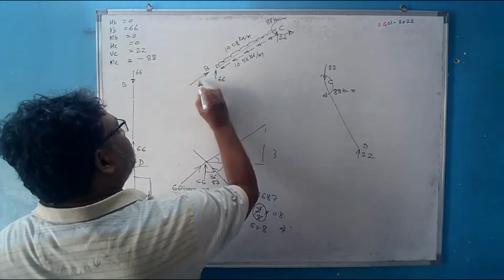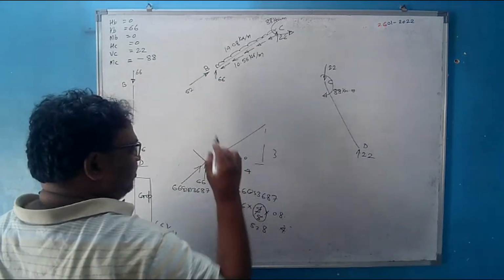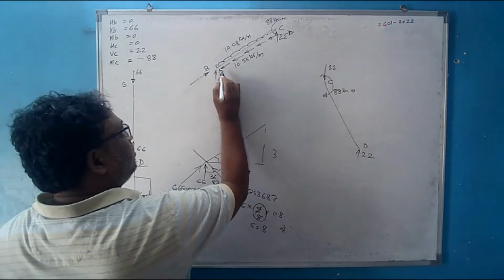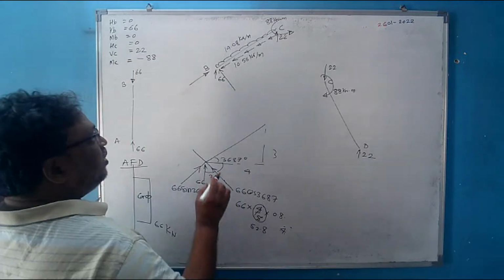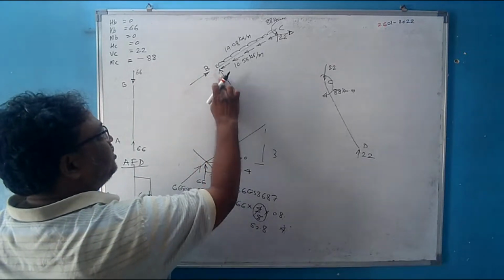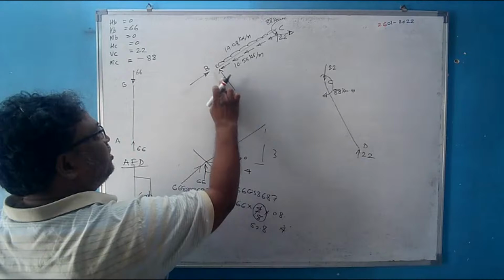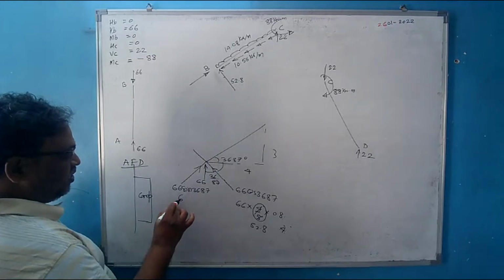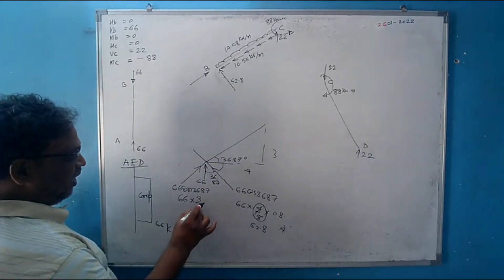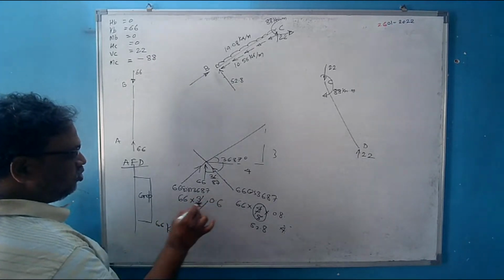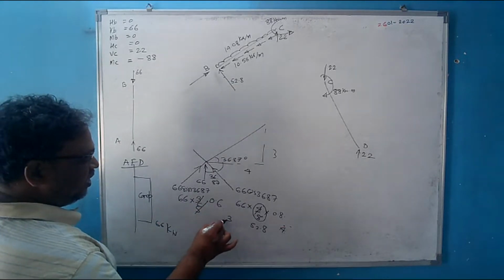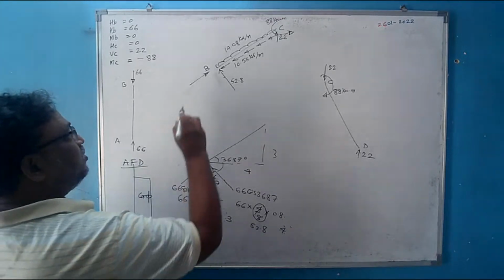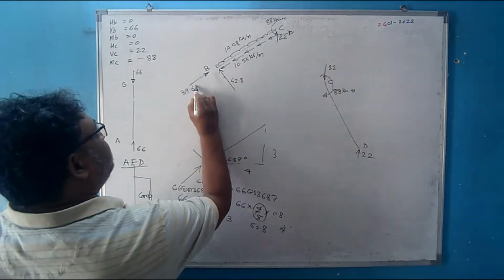So this 66 component is 52.8. And what about here? It is 66 multiplied by 3 by 5, that is nothing but multiplied by 0.6. 6 times 6 is 36, 6 times 6 is 36, plus 3 is 39, so it is 39.6. So this is 39.6 kilonewton.